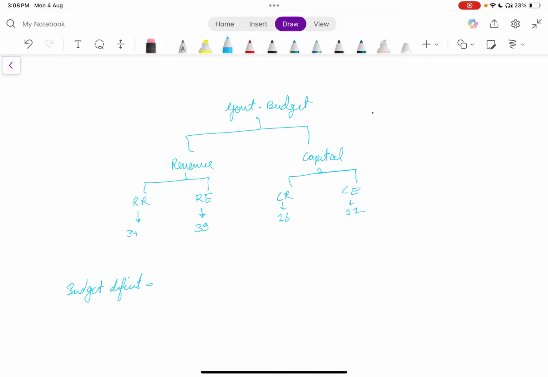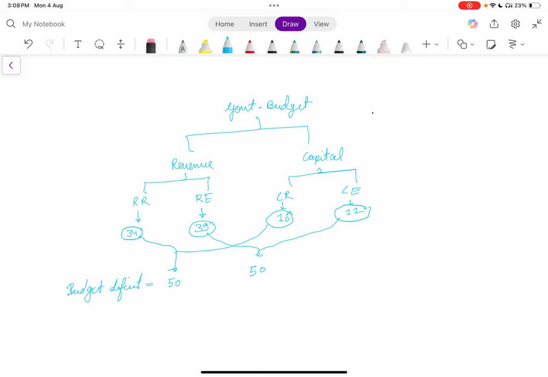Here the total revenue from both sides is 34 from the revenue side and 16 from the capital side. So we'll add them, it will come out to be 50. Then we'll see the government expenses. On the revenue side, it's 39. On the capital expenditure side, it's 11.